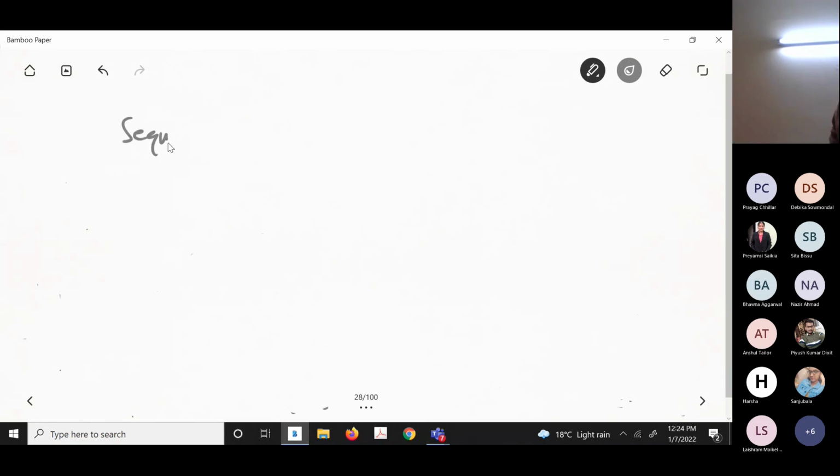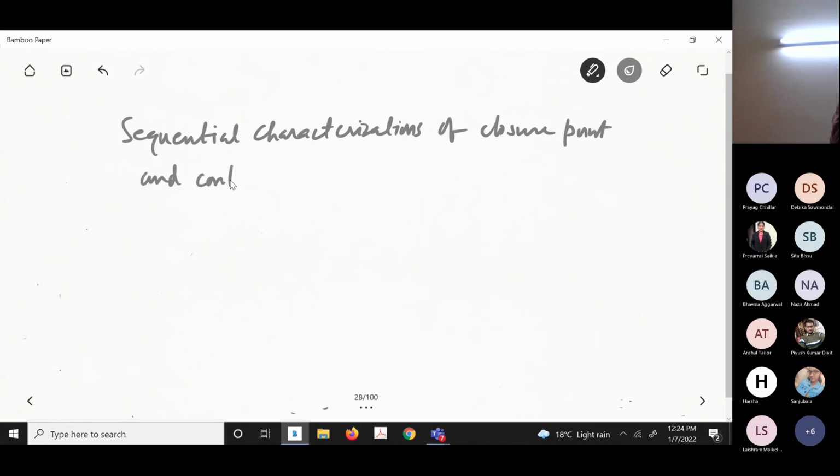Sequential characterizations of closure point and continuity are not in general possible.